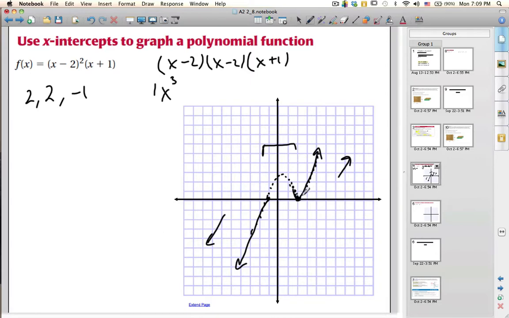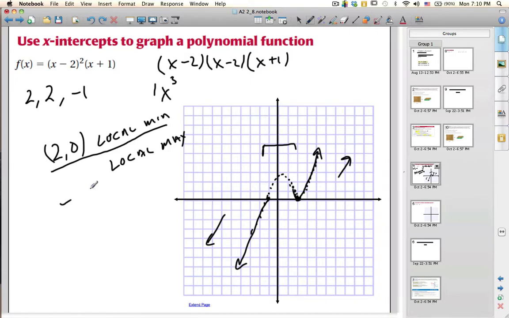This is a local minimum, right? So I know that (2, 0) is a local minimum. And whenever you have a squared binomial, it's going to turn right on the x-axis. So that's my local minimum. I want to find, sorry, I did a terrible job underlining that. I want to find a local maximum.